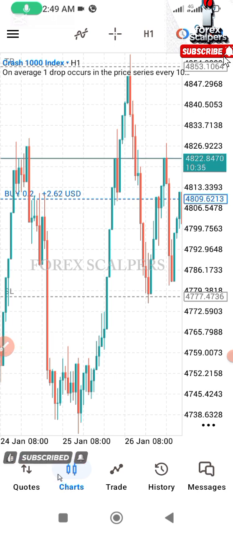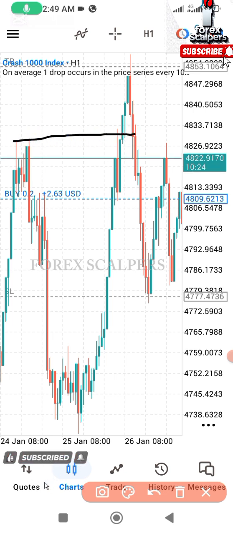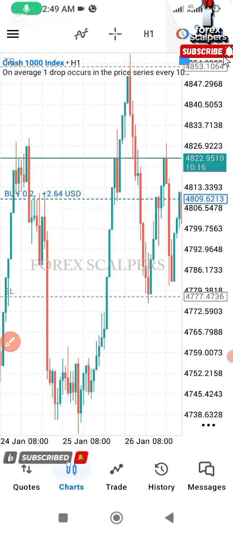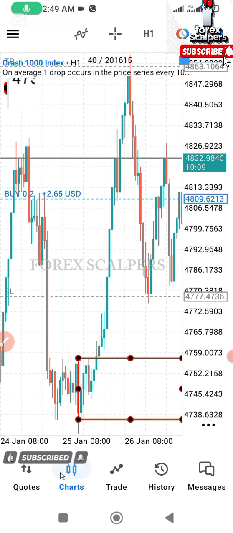First, we'll identify our order block, and a valid order block must take away liquidity. So this liquidity sitting here was taken by this price movement to the upside, which simply means that this is our valid zone. So we have this order block here.